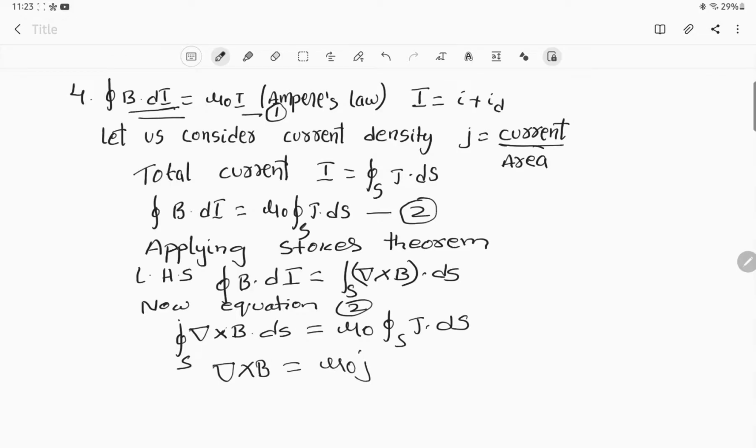If you remember what J actually is, J is nothing but current by area.